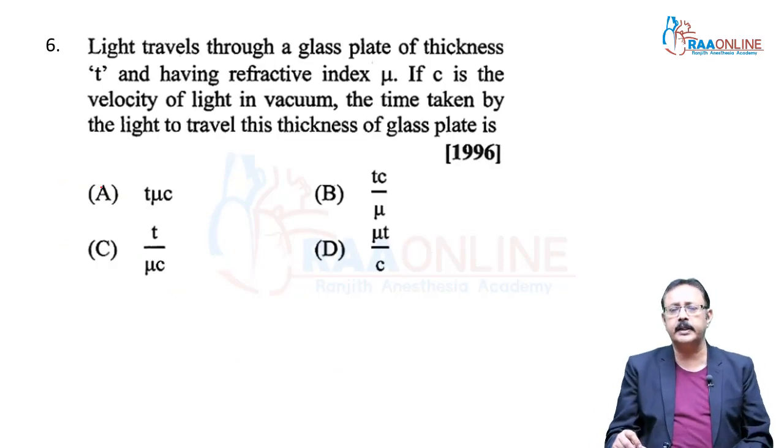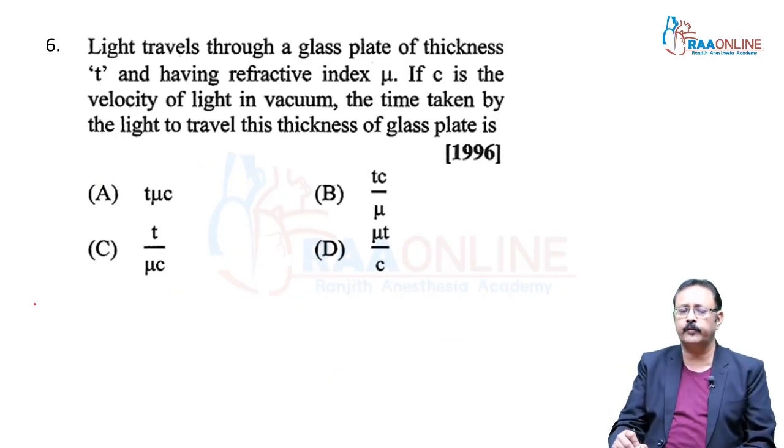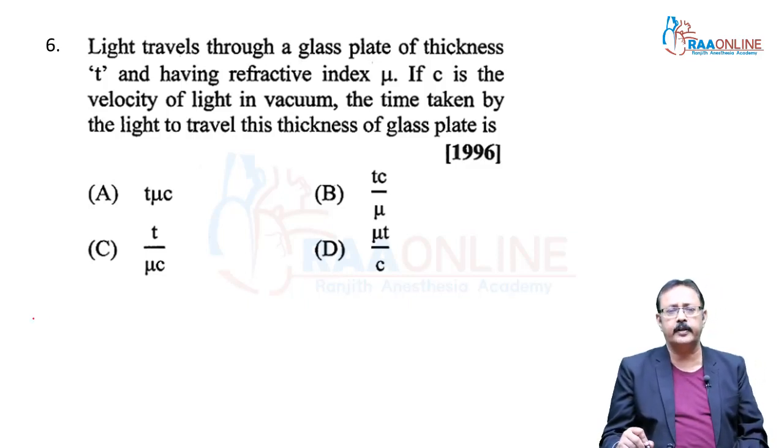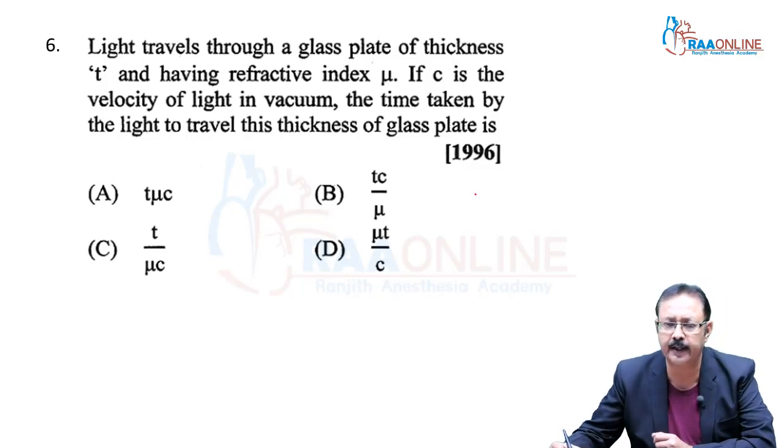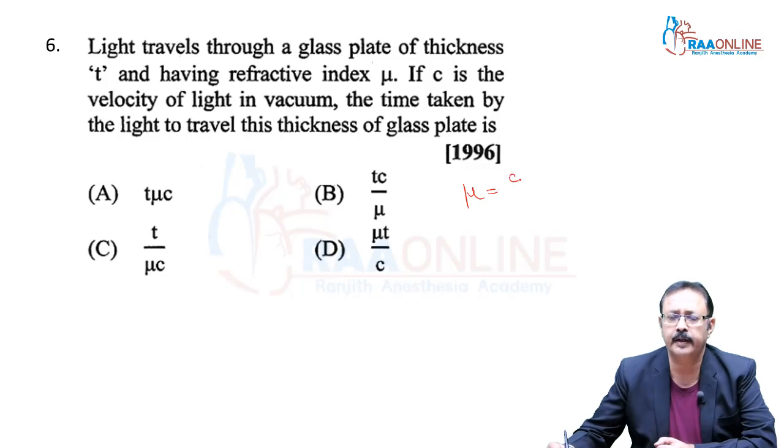Next, it is from 1996 AIPMT. Light travels through a glass plate of thickness T, whose refractive index is mu. C is the velocity of light in vacuum. Time taken by the light to travel this thickness. Again, we know that mu is speed of light in air upon speed of light in medium.